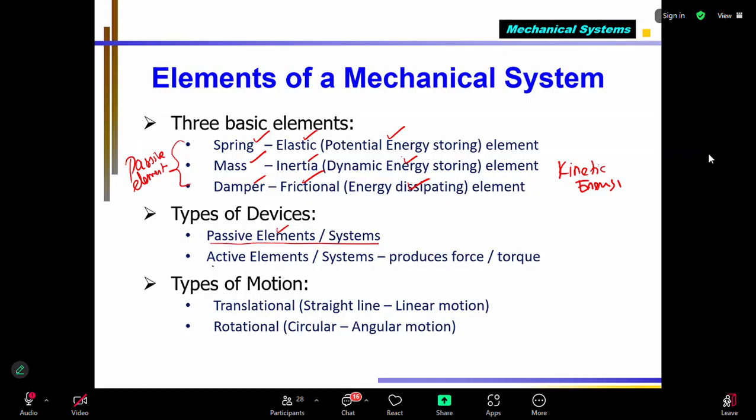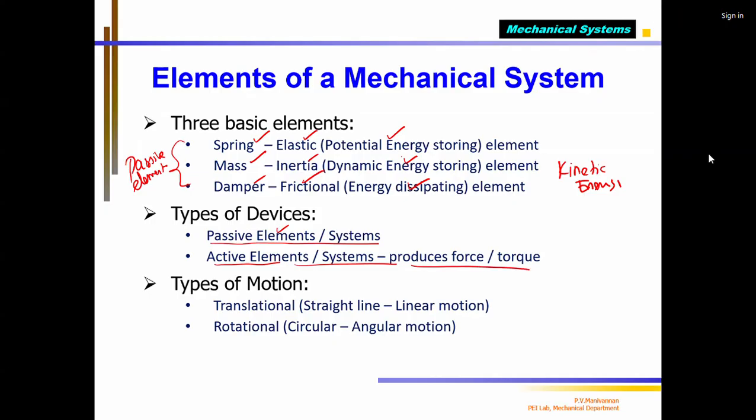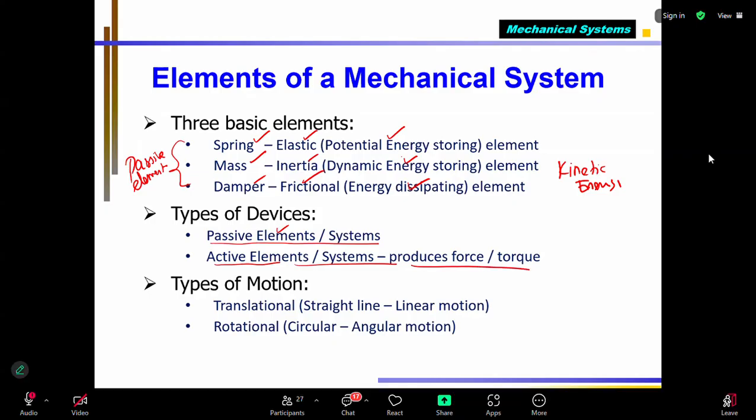Instead of that, if you develop a system or a subsystem which produces energy, that is called an active system or active elements. Correct? An engine is an active element, an electrical motor is an active element, a pneumatic motor too, because if you give electrical energy, it produces mechanical torque, energy is produced. So those kinds of systems are called active systems.